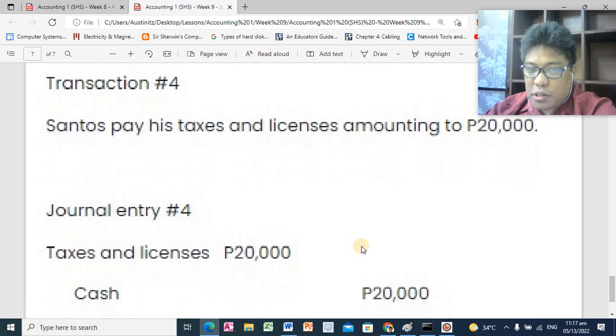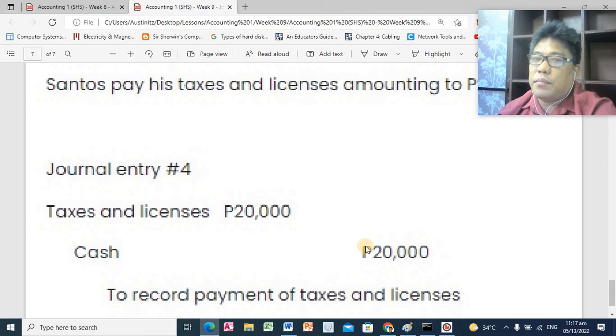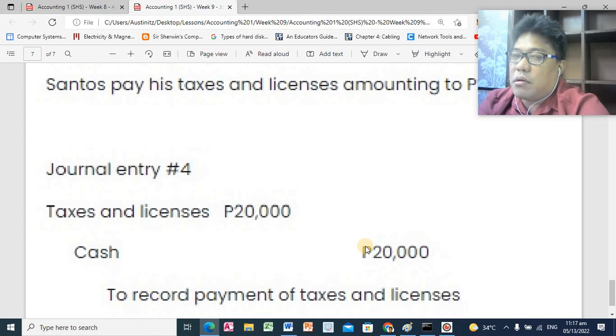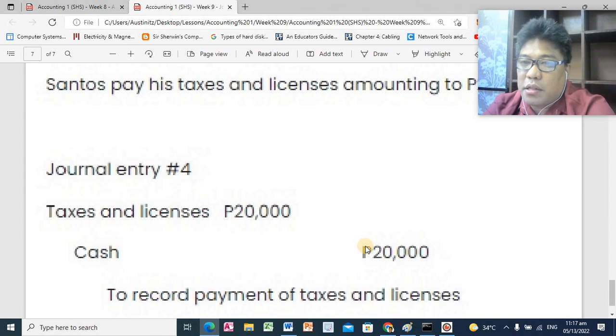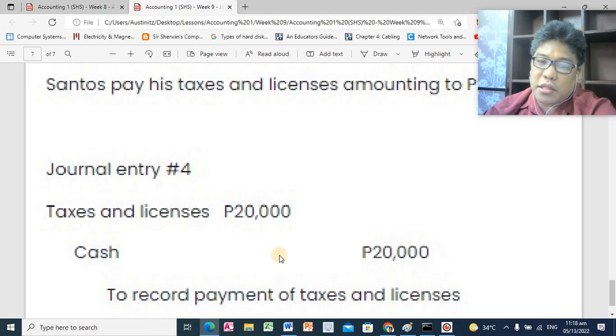Tapos, nagkaroon po siya ng expense. Remember, yung expense, normal balance niya po ay debit. So, sa ating journal entry, ang debit side is taxes and licenses, 20,000. At nawalan tayo ng cash, decrease, so nasa credit side siya. That will be cash, 20,000.